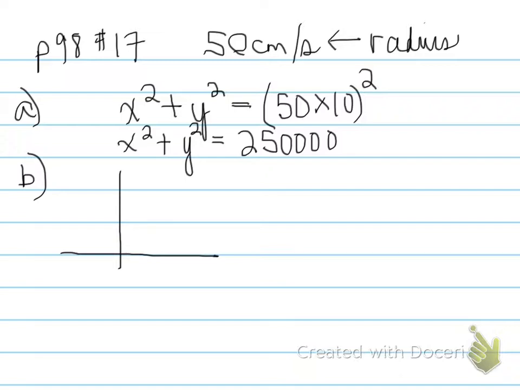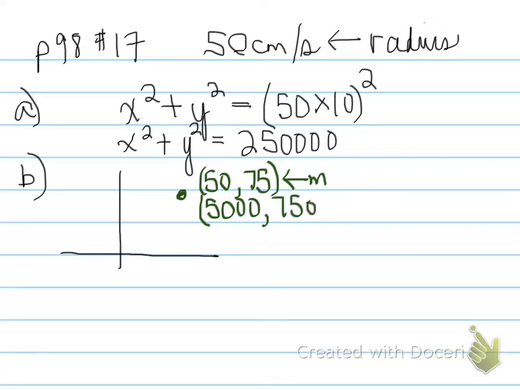So 50 meters east and 75 meters north means it's 50, 75 in meters, or in centimeters it's going to be 5,000 and 7,500. Again, this is measured in centimeters if you convert it. This is from where the anchor was dropped.